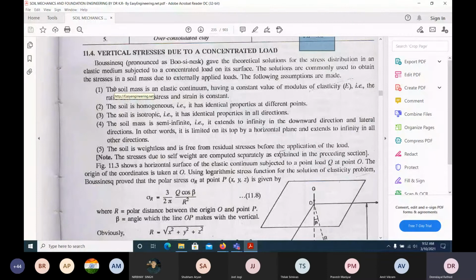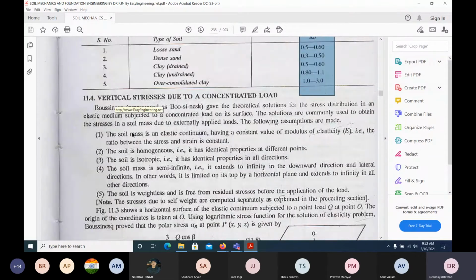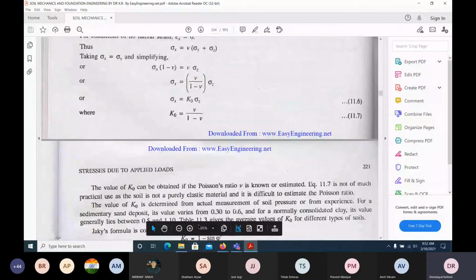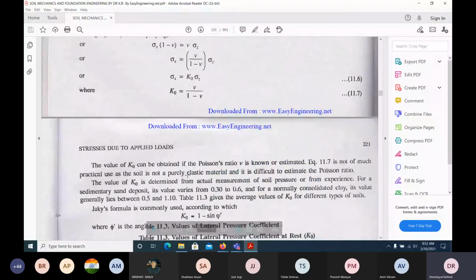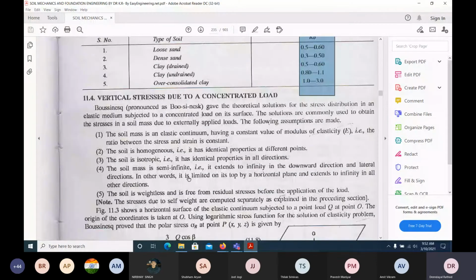The load can be a concentrated load or any load. Once you know the k naught value, multiply it with the vertical stress at a depth z, and it will give the horizontal stress.